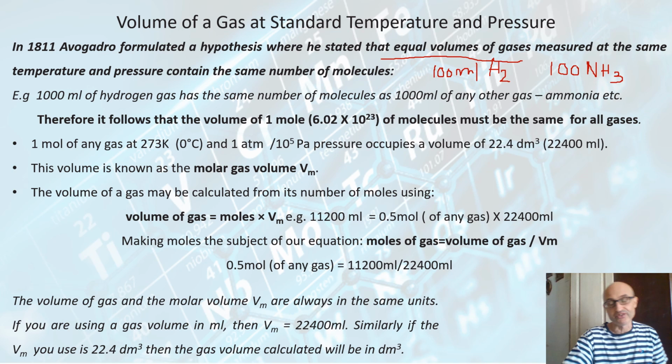So if the temperature is 273 Kelvin, or 0 degrees Celsius, remember that both hydrogen and ammonia are gases at that temperature, and I take the pressure to be 1 atmosphere, the atmospheric pressure in the room that you are in right now. 1 atmosphere is also the same as 10 to the 5 pascals.